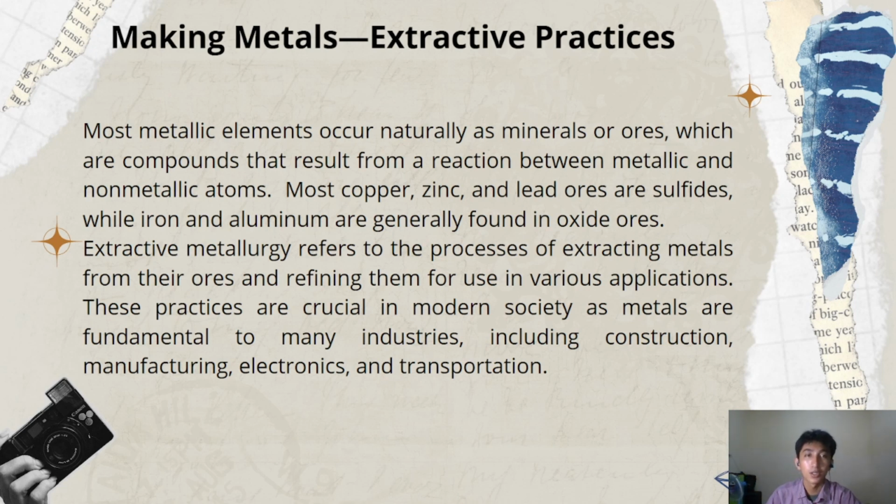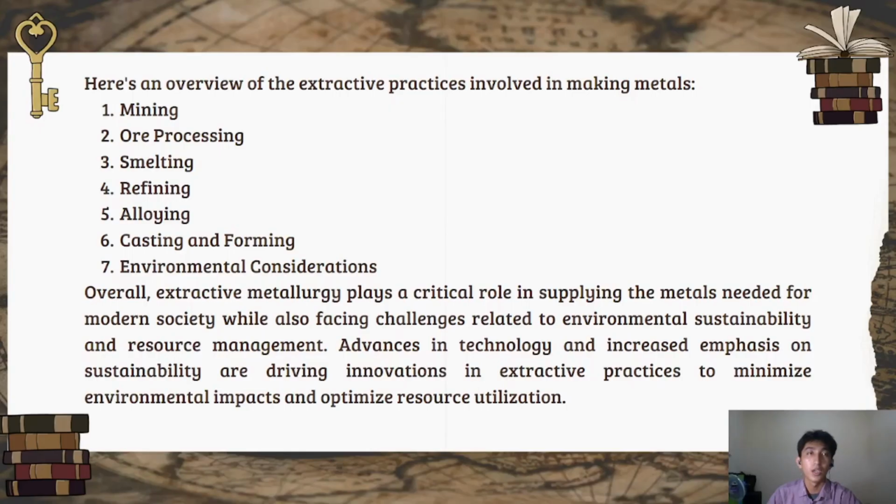Extractive metallurgy refers to the process of extracting metals from their ores and refining them for use in various applications. These practices are critical in modern society, as metals are fundamental to many industries, including construction, manufacturing, electronics, and transportation.